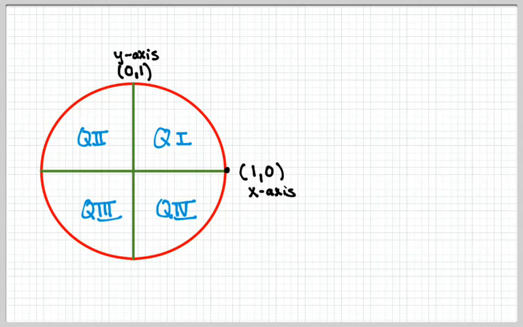Okay, so what we're going to do is I'm going to ask you a couple questions based on what we just did, and I'm going to challenge you not to look at your unit circle. Because the goal here is you're going to have to think about the unit circle in your head and visualize it. So that's where we're going. So here's the question I'm going to ask you. So go on the right side.